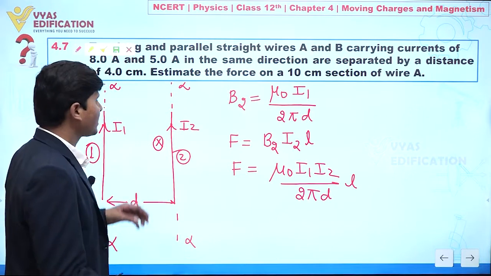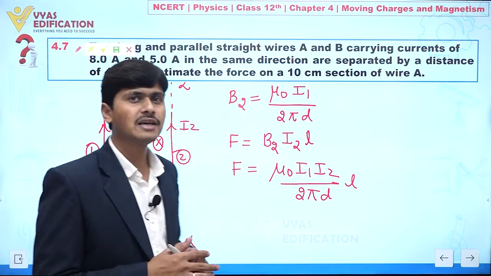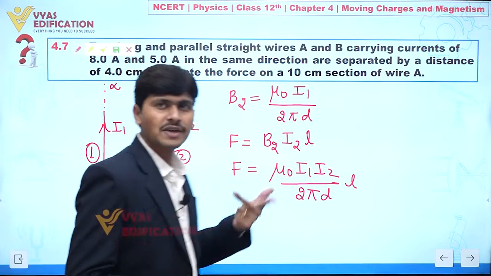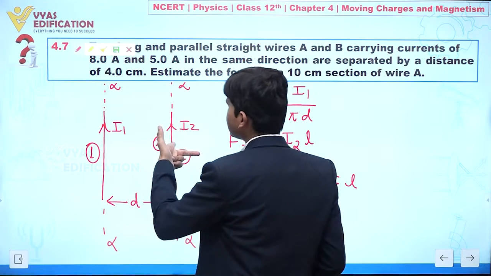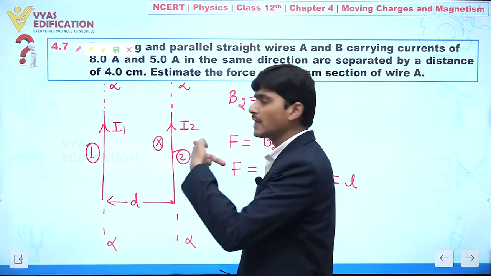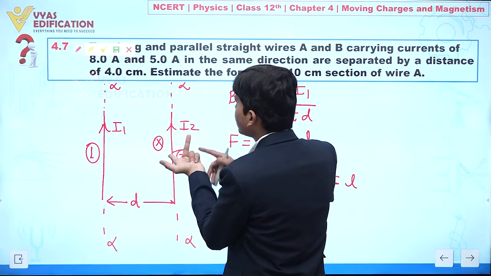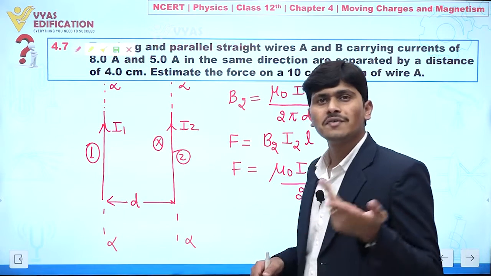Now can we find the direction of the force also? Yes, definitely. You can utilize Fleming's left hand rule. The first finger represents the direction of the magnetic field, the middle finger represents the direction of current, and the thumb represents the direction of force acting.